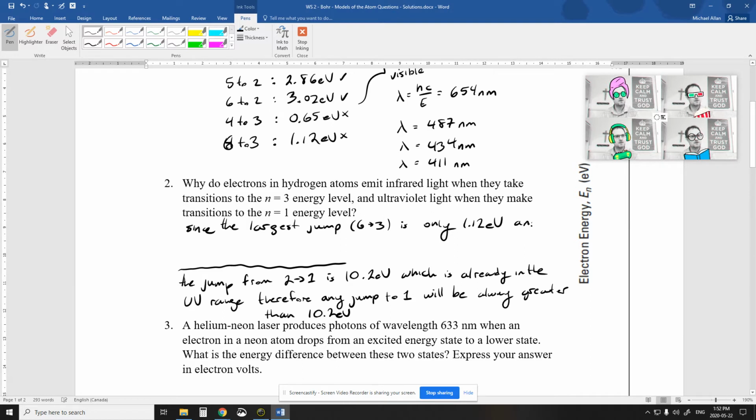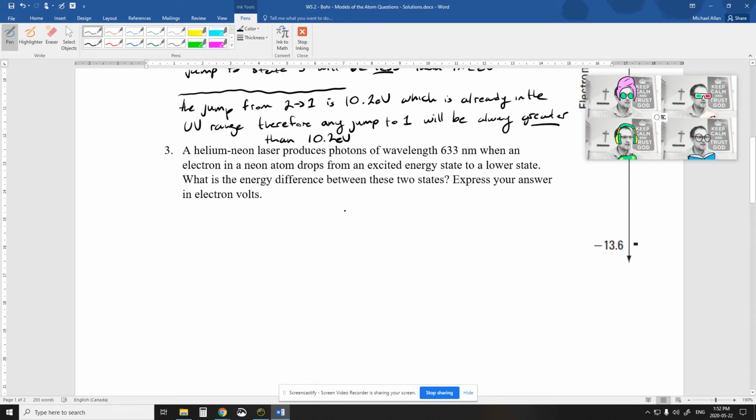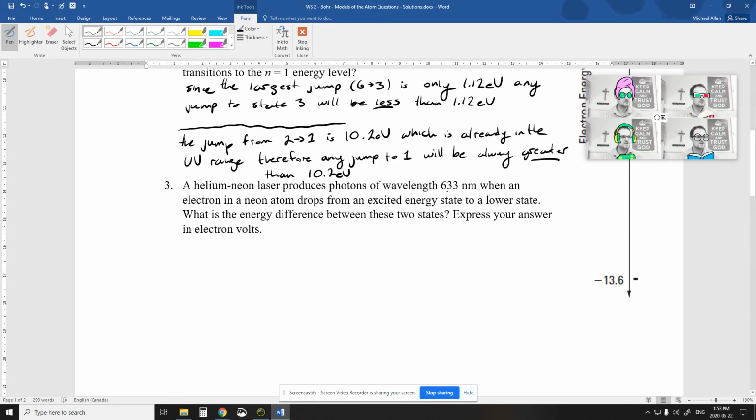Any jump to state 3 will be less. I'm going to highlight this, less than 1.1 electron volts. Okay, cool.